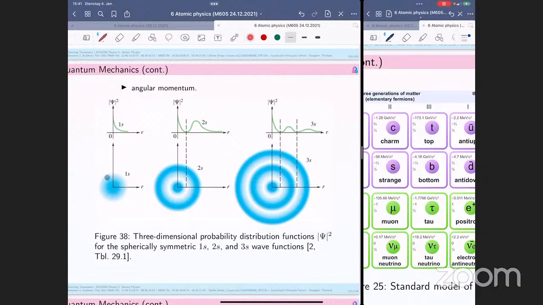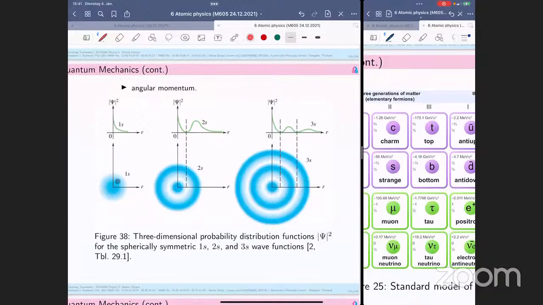You get the plot in side view like this, and here is the top view. You could see the density around the center because it has a high value. The magnitude of the wave function is high at the origin, right?